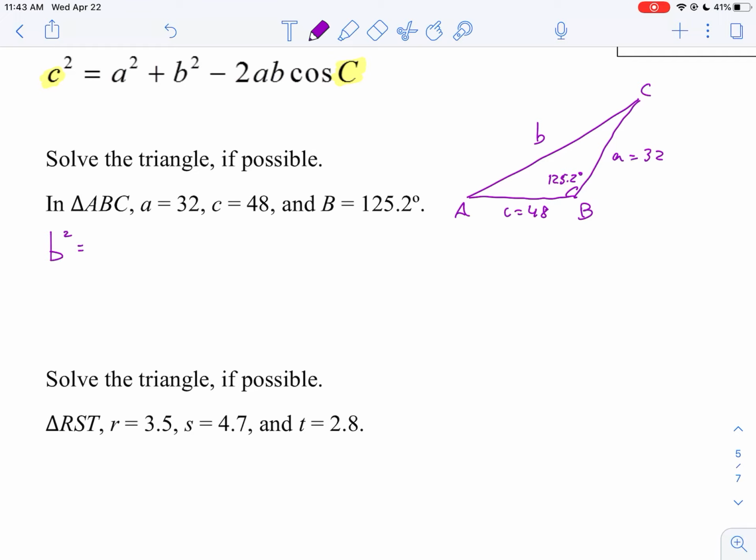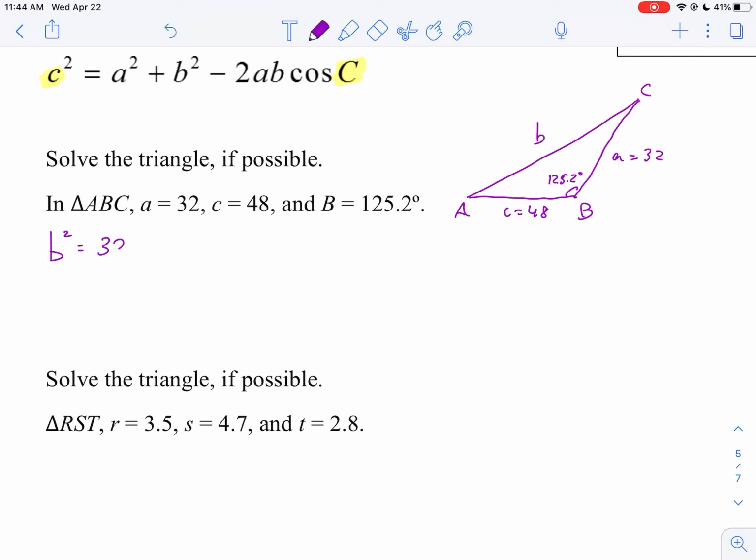See what I'm saying? If I put b squared there, then I know the rest of it. I'm going to have c squared and a squared, those are numbers, minus 2 times a times c, those are numbers, times the cosine of b, that's a number. You could have used any of them and solved.